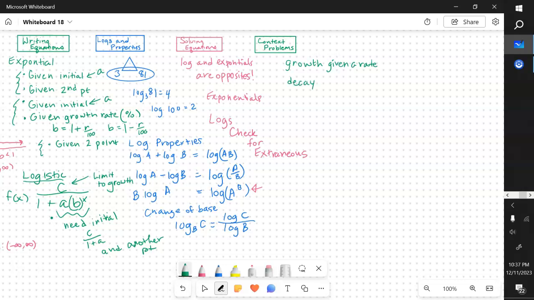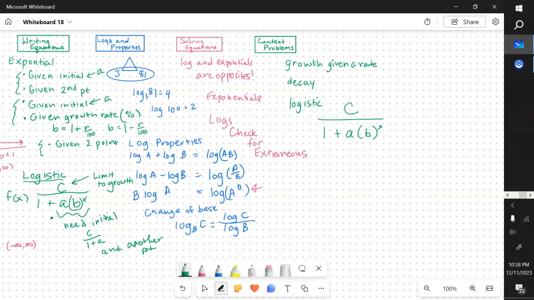You should be able to write an equation for logistic, and you should be able to use that equation to say, well, this population has a carrying capacity of C, so I know that that's the maximum that we could have. And then you should be able to find the initial value, not just by grabbing A, but by solving this for that initial value.